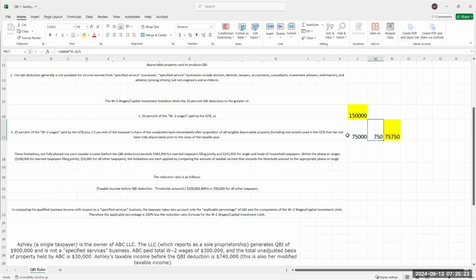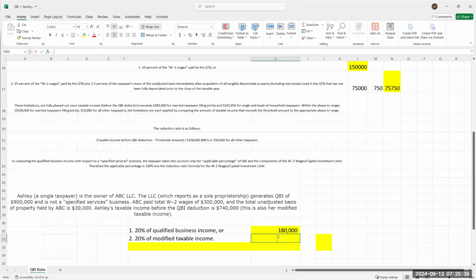So it's the lesser of the 180,000, but it can also be no more than 20% of the modified taxable income. So again, there's a lot of nuance to consider. The taxable income is 740,000. We multiply that by 20%. So these are the numbers that we need to factor in.